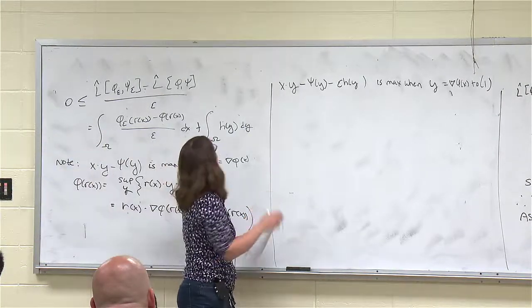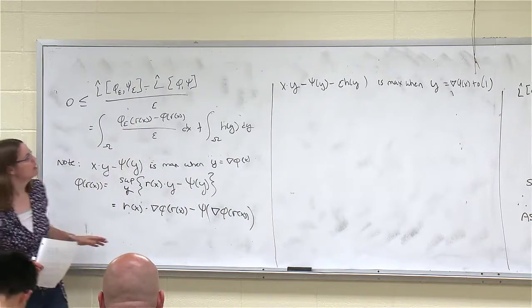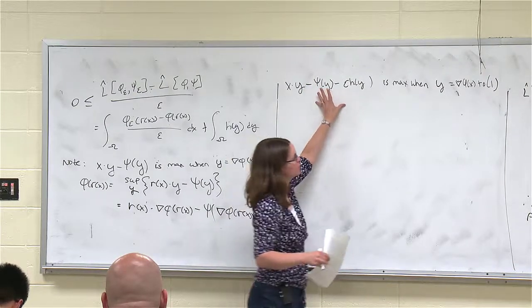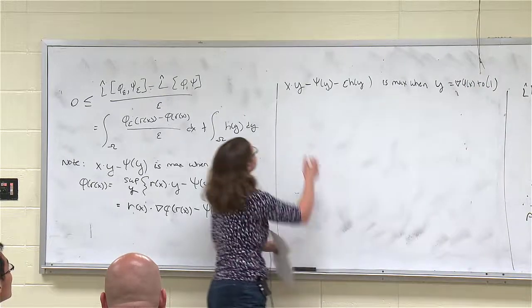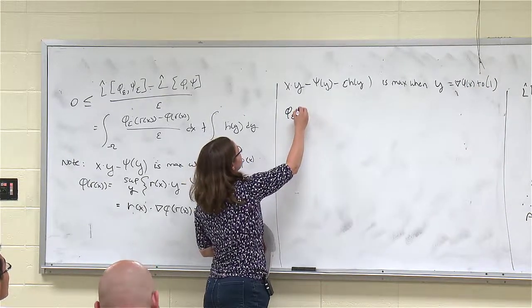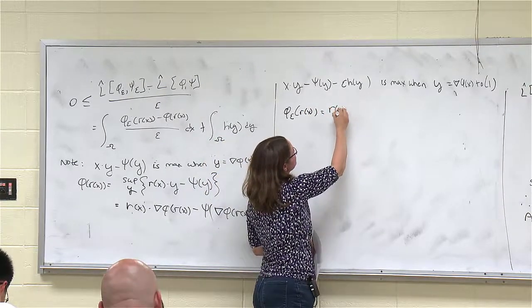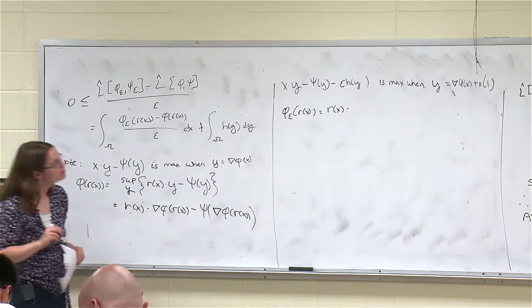Okay, so if I want to compute phi epsilon here, right? Phi epsilon is the maximum of this, so it's equal to this when y is grad phi plus something small. So phi epsilon evaluated at r of x is going to be r of x dotted with the maximizer.